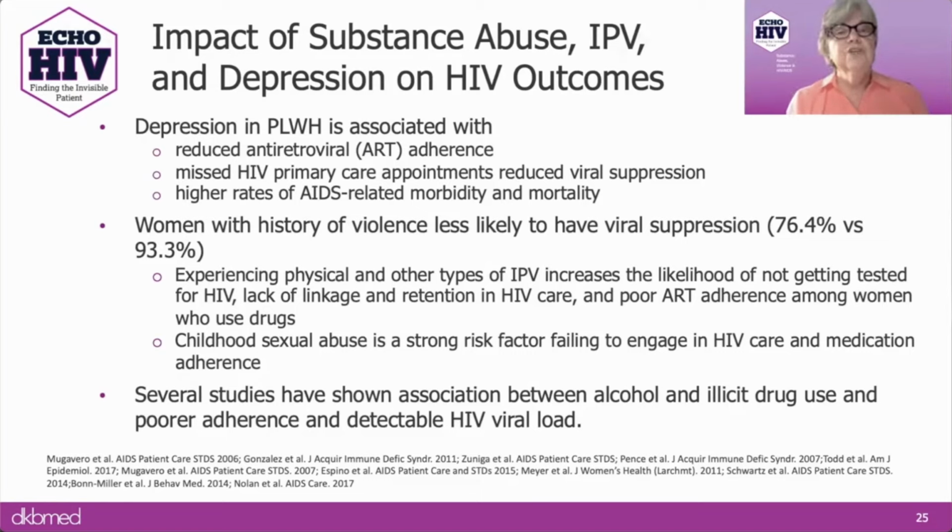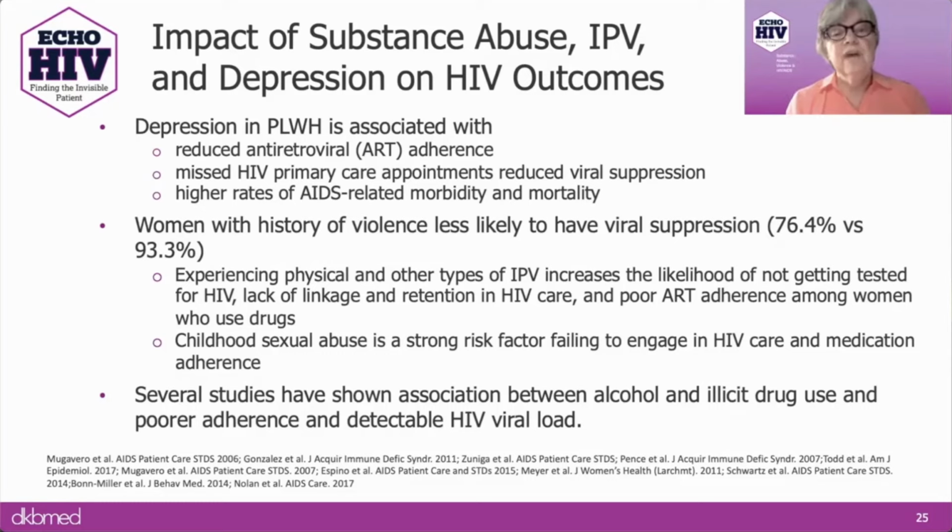In terms of HIV, the problem is that these conditions have an adverse effect on HIV outcomes. Depression in the setting of HIV is associated with reduced adherence to antiretroviral therapy, missed appointments, reduced levels of viral suppression, and ultimately higher rates of AIDS-related morbidity and mortality.